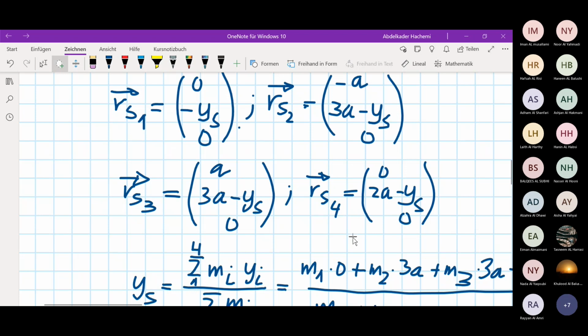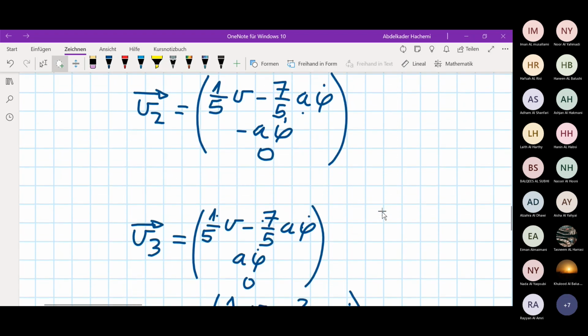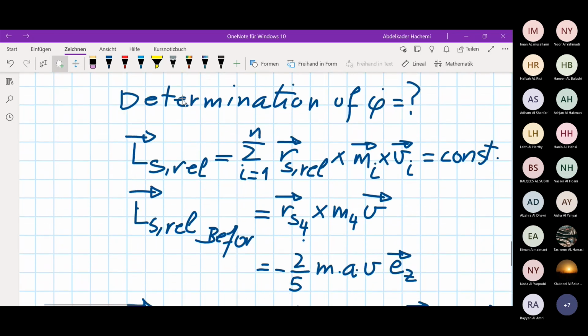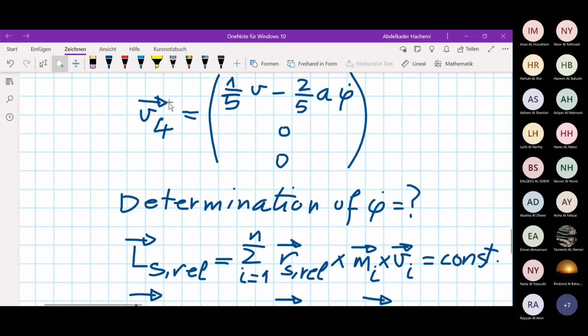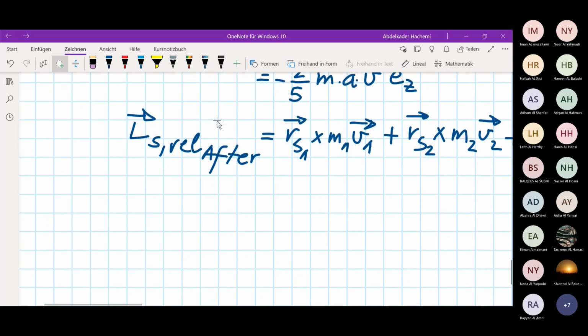These are given here by the following component, as well as the velocity, V1 until V4. Then we have only to replace this.